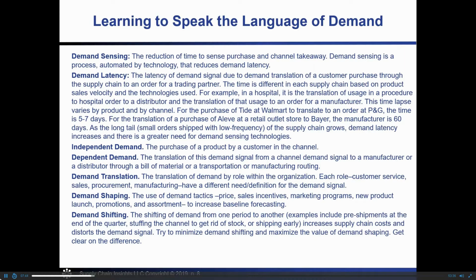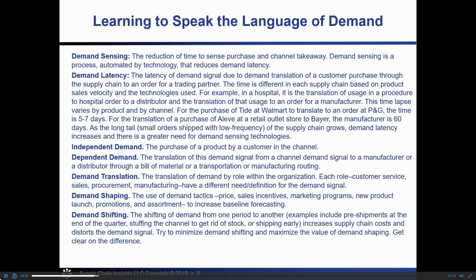But we must really look at independent demand first, and we must look at how clearly are we translating independent demand to dependent demand and hold ourselves accountable for demand error, for bias, for forecast value add, and the real improvement that we're driving through demand processes.